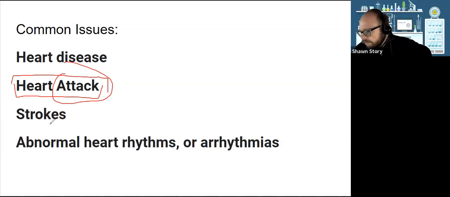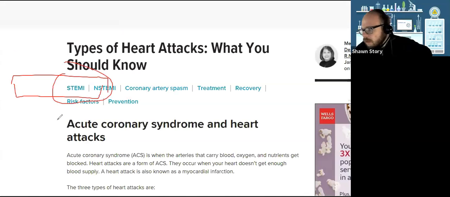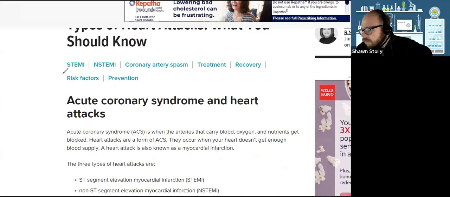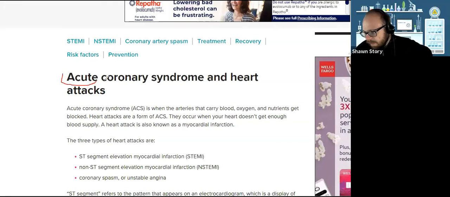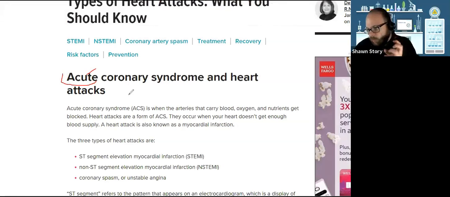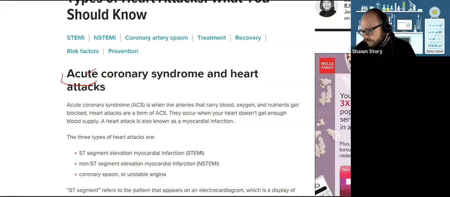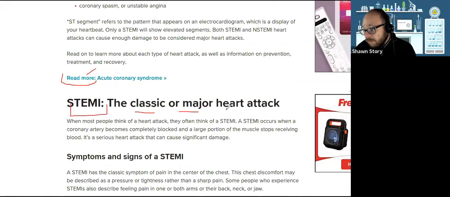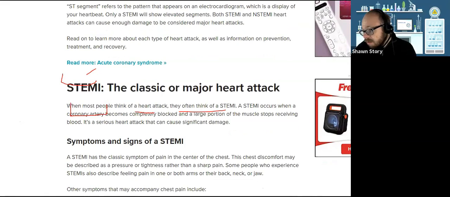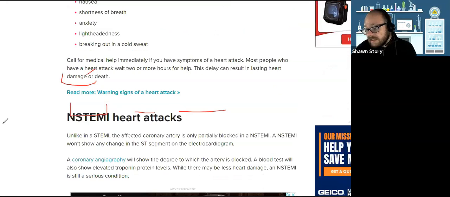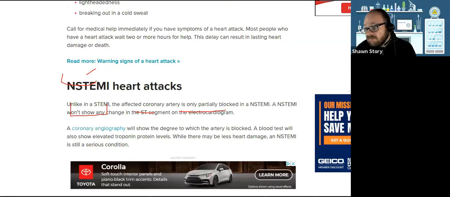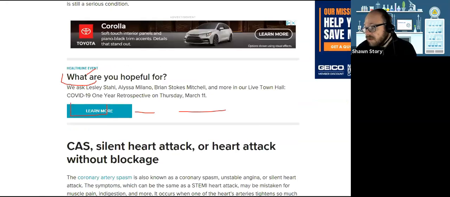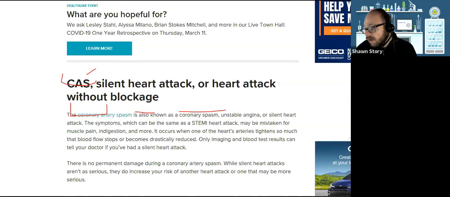Let me pull this over here. So acute tells me that it means small. If something is acute, it's like smaller. There is a STEMI, a classic or major heart attack. A NSTEMI heart attack. CAS, silent heart attack without blockage.